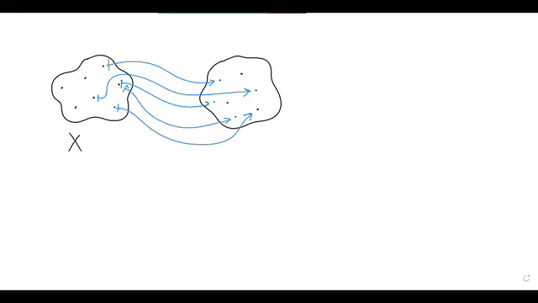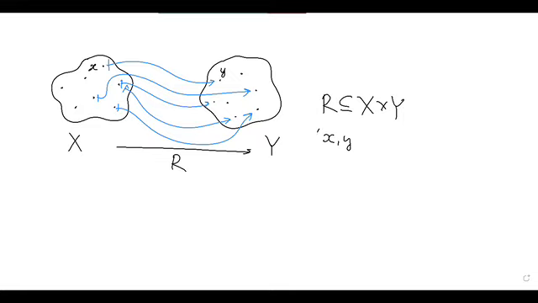So if this set is called X and that set is called Y, the drawing with the blue arrows defines a relation from X to Y. And in set theory, we describe it as a subset of the Cartesian product because we want to think of every pair of points that get coupled as an ordered pair, which itself can be defined set theoretically as the set consisting of the set of x, y and the set of x, to distinguish the first component of the ordered pair.